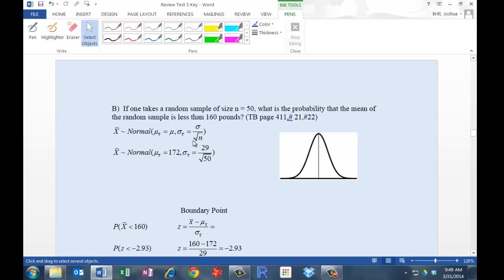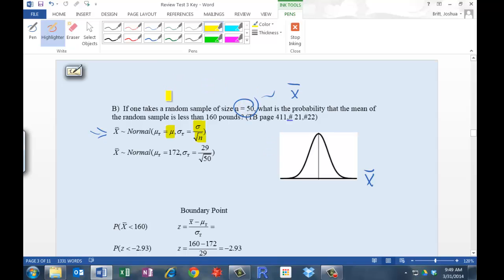Now this time we're talking about the distribution of x bar. So here, say if we take a random sample of size 50, what's the probability that the mean of the 50 is less than 160? So x bar follows a normal distribution with the mean equal to the population mean and the standard deviation equal to sigma over the square root of n.